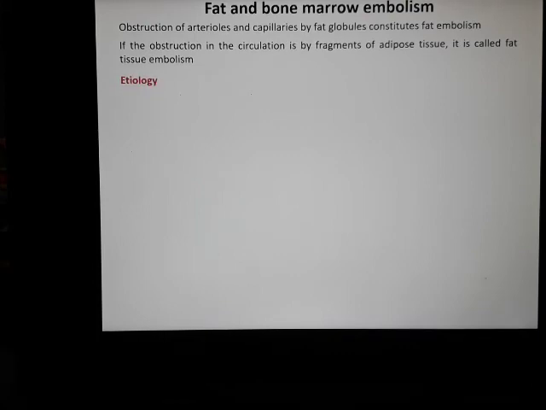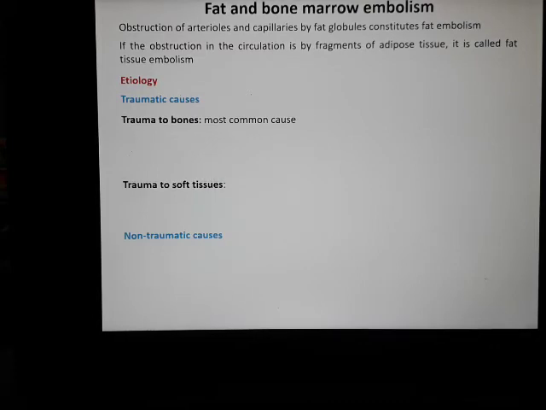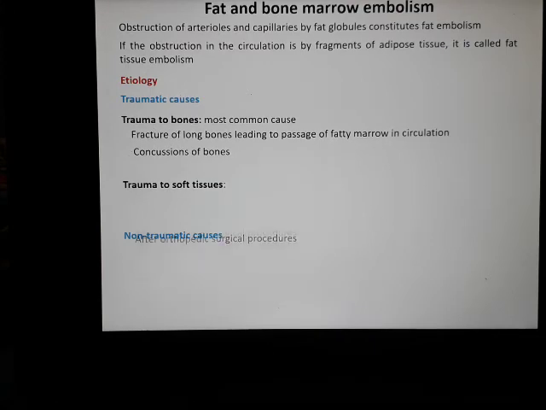Then what are the causes of this fat embolism? There may be traumatic causes and non-traumatic causes. In case of traumatic causes, trauma to bones is the most common cause, and there may also be trauma to soft tissues. Trauma to bones may be due to fracture of long bones leading to passage of fatty marrow into the circulation, concussion of bones, and orthopedic surgical procedures.